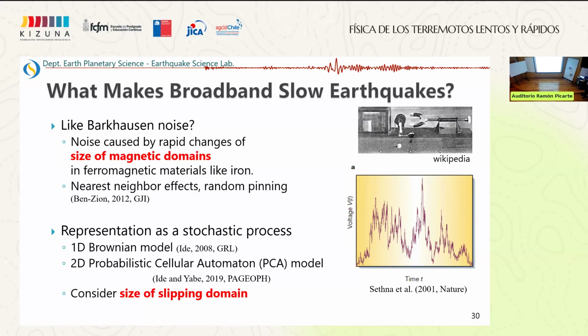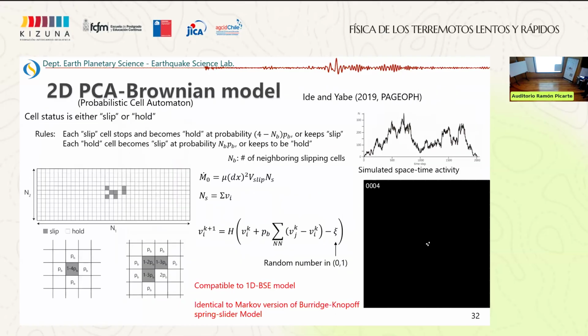A very easy representation of a stochastic process is just a random process. We can assume the status of some space, some plane, changes just randomly, depending on the status of the surrounding area.